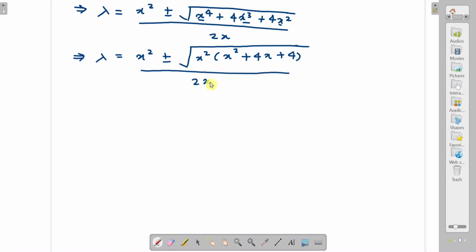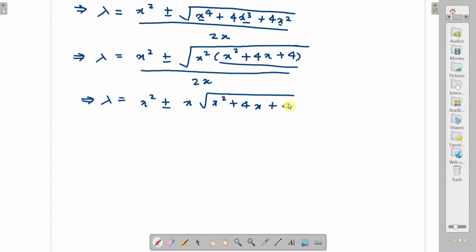Then 2x. So this will imply lambda is equal to x square plus or minus. Now we will split the root for x square and this quantity. So root of x square is x and root of the quantity, that is x square plus 4x plus 4. Okay, and then it is divided by 2x.